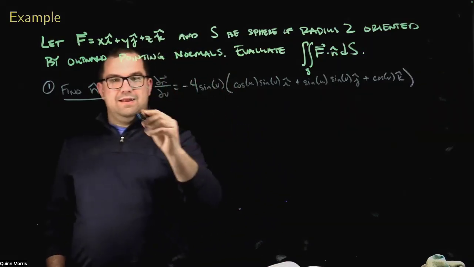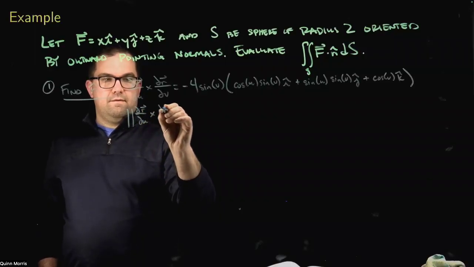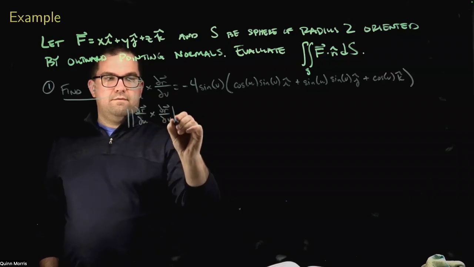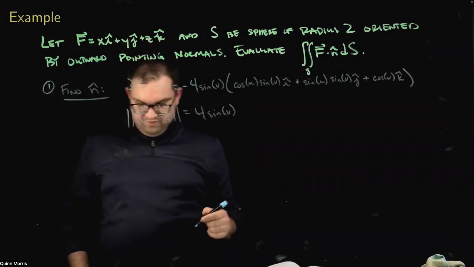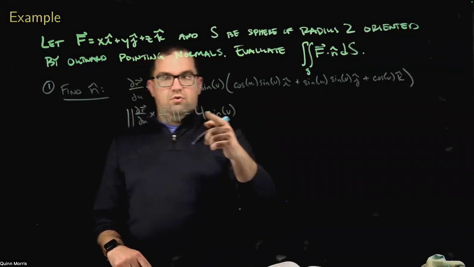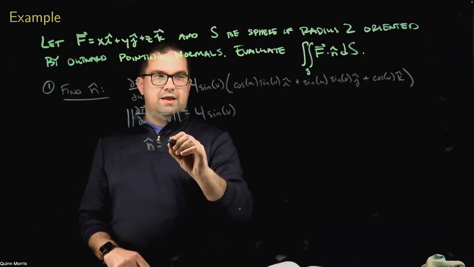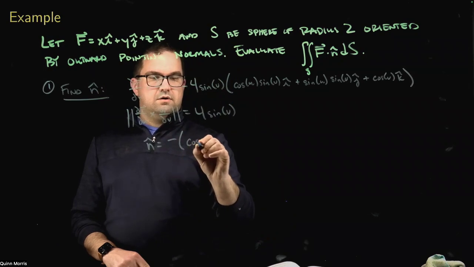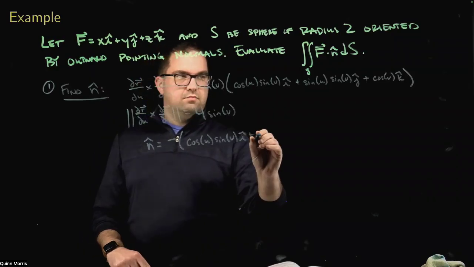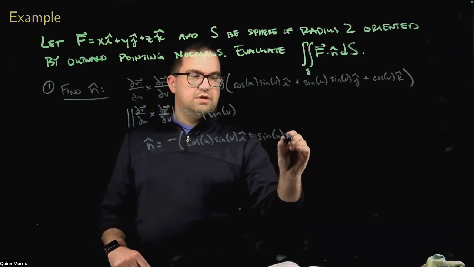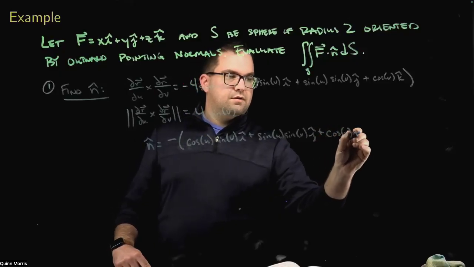Remember that we already calculated its norm also, though. And that was just 4 sine of v. And so what we get is that the unit normal we can write as minus cosine u sine v i plus sine u sine v j plus cosine of v k. Okay.